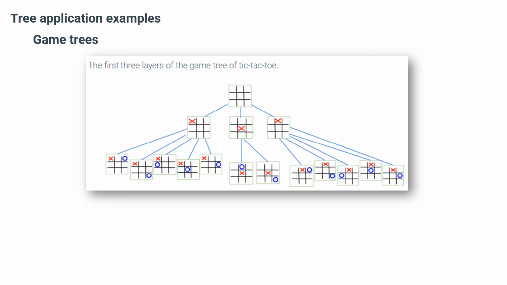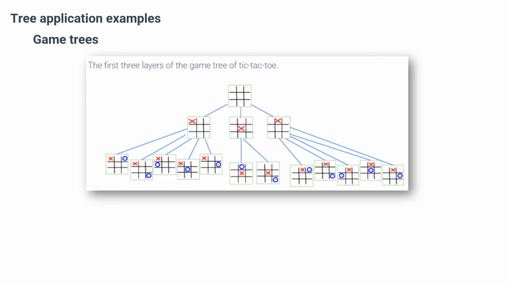And then those would just be coming off of that first option for X, but then the player X could also have put the X in the middle, and so these would be options for that. And so anyway, you can see that this tree would show all of the possibilities that could happen in the first two plays of the game, right?